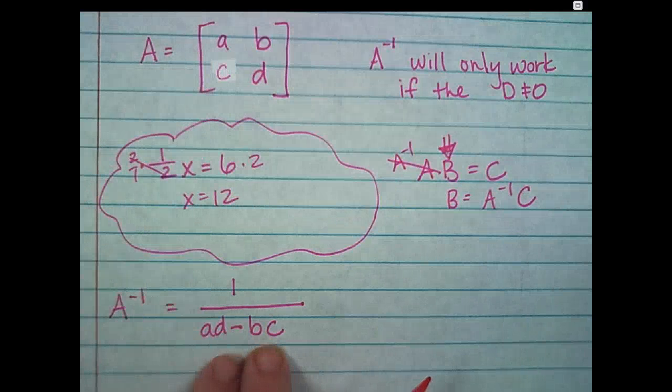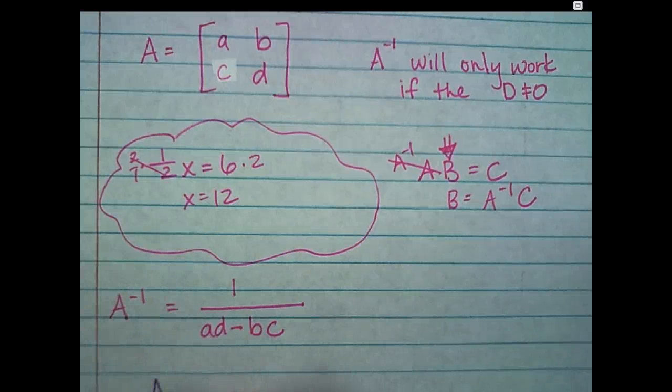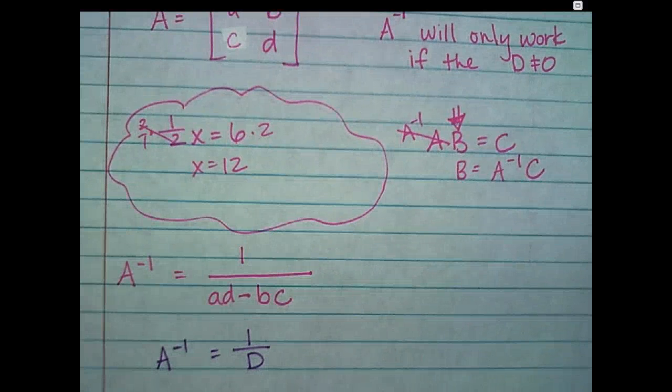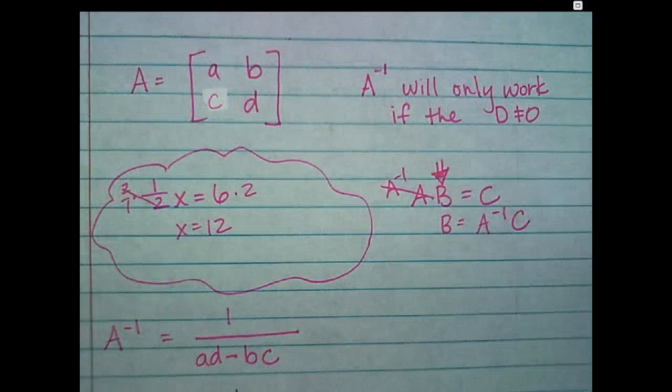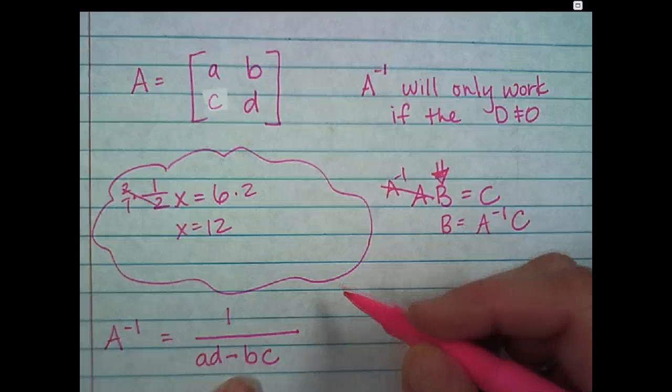So what is this denominator actually? It's a determinant, right? So to find the inverse, you're going to take 1 over the determinant. That's what that really is. Then we're going to go back up here, and you're going to multiply by this new matrix.